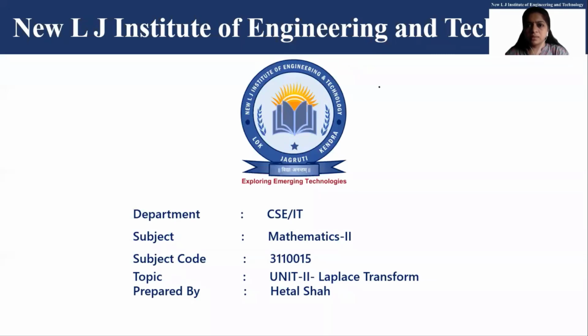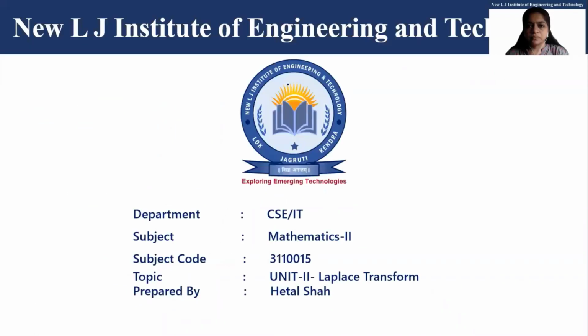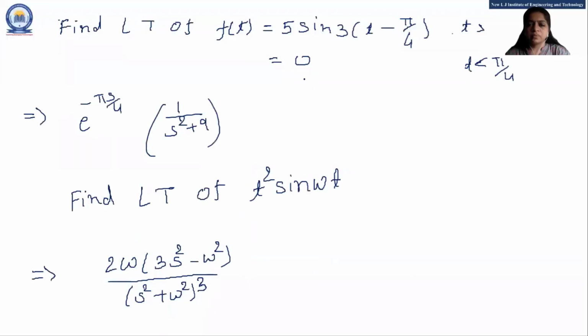Yes. Ma'am, the g(t) is equal to 5 sine 3t minus 5 by 4. First we'll find the Laplace of 5 sine 3t. It is 15 upon s square plus 9. Then by the second shifting theorem, we'll find the overall answer. So it is e to the power minus pi s by 4 into 15 upon s square plus 9.